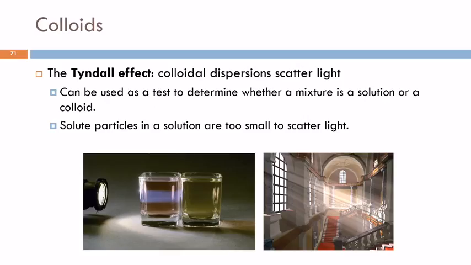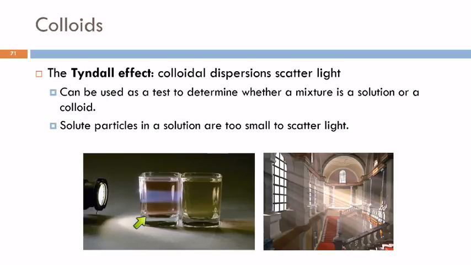An interesting thing about colloidal dispersions is called the Tyndall effect. This can be used to test a mixture to see, is this a solution or is this a colloid? Looking at these two mixtures, they are both clear. Many colloids are not transparent. They're opaque. There are enough particles in there that they block light from going through.